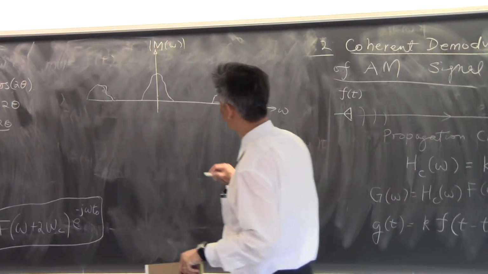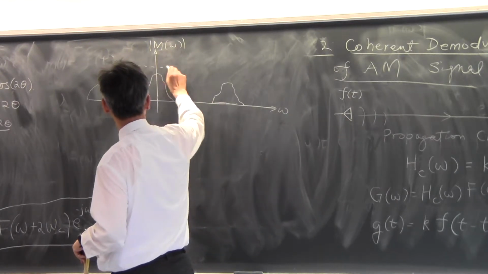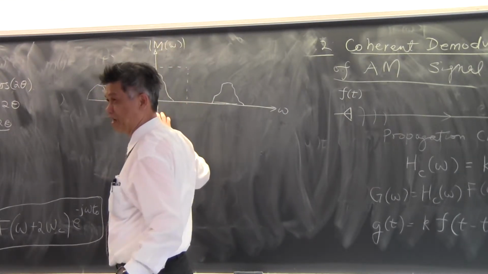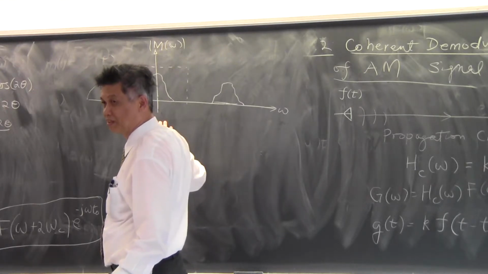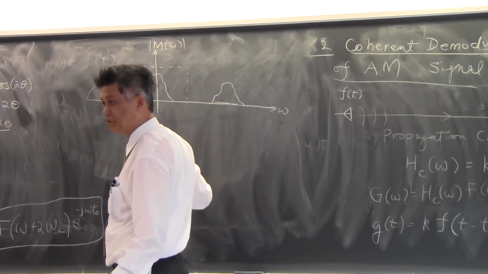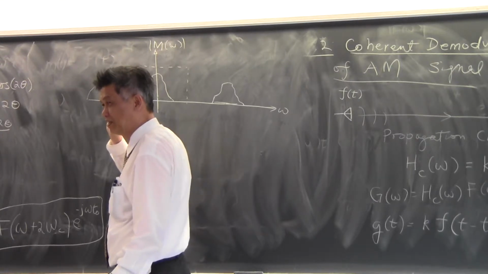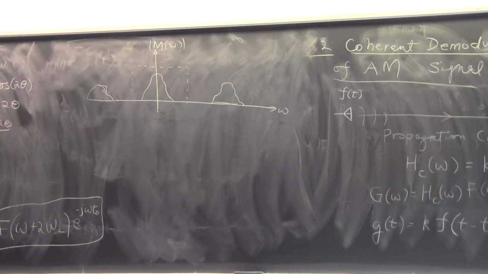The low-pass filter will just pick up this term, and then you Fourier transform this term back to the time domain, and you will hear the nice voice signal from your mom or your dad. Maybe they're yelling at you. Maybe you don't want to hear that. Use a high pass filter. So I think this is all you need to know for the demodulation part.